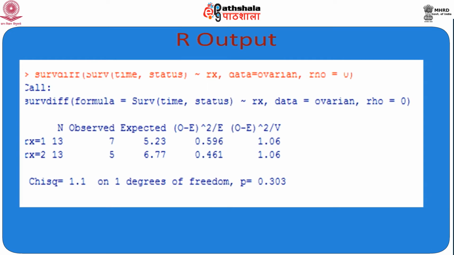So survdiff will give us the log rank test between the two curves for arm 1 and arm 2, and if we use survdiff from the library survival, we get the result as mentioned here. In this sample data it shows that there is no significant survival difference between these two groups.